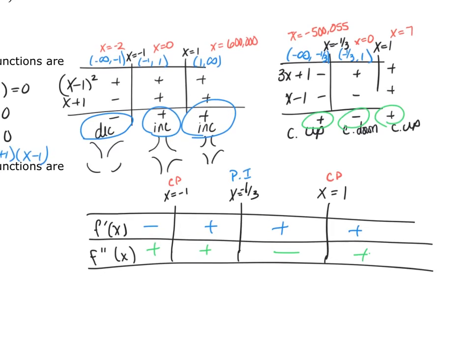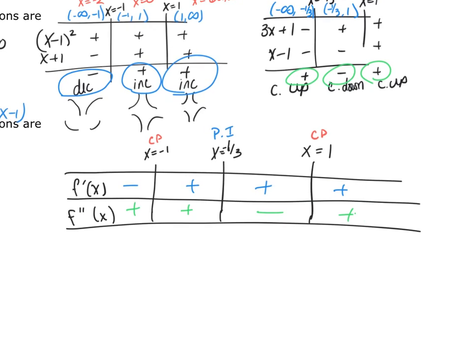So what that means in terms of my graph is, from -infinity to -1, I am decreasing, but I am concave up. So it's going to look something like that.